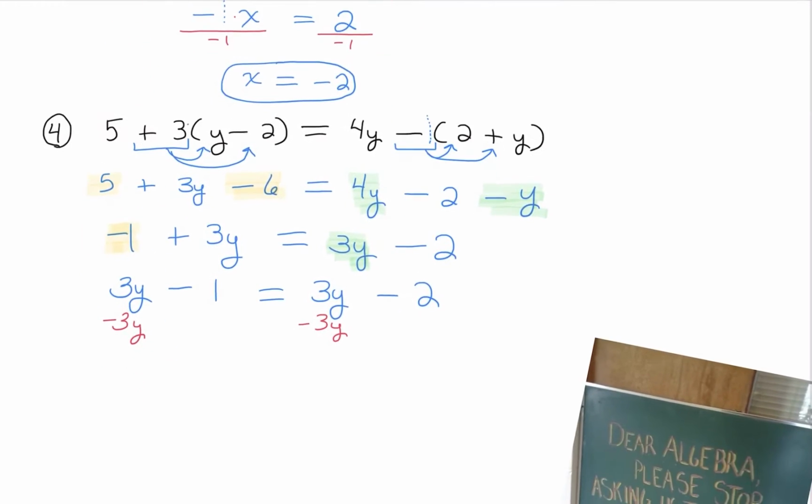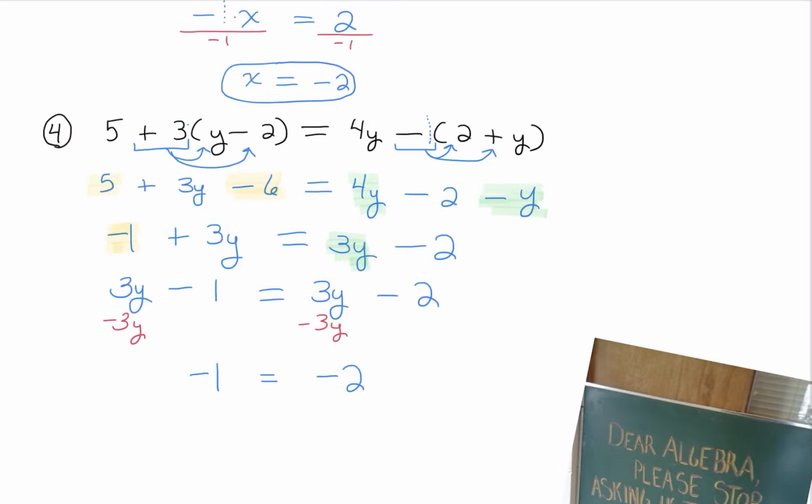Well, that means I lose my y term. 3y minus 3y is 0 on the right, and 3y minus 3y is 0 on the left. So all I would have would be negative 1 on the left and negative 2 on the right. Okay, so kind of two issues: I lost the variable I'm trying to solve for, and the statement that I have left is nonsense.